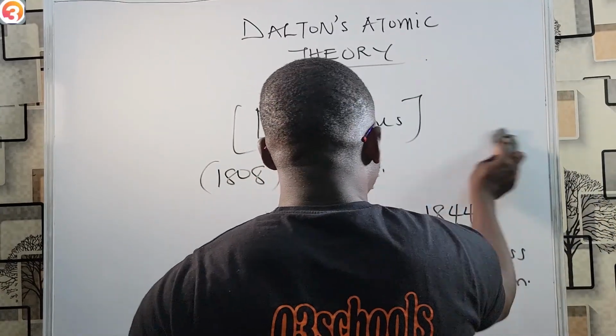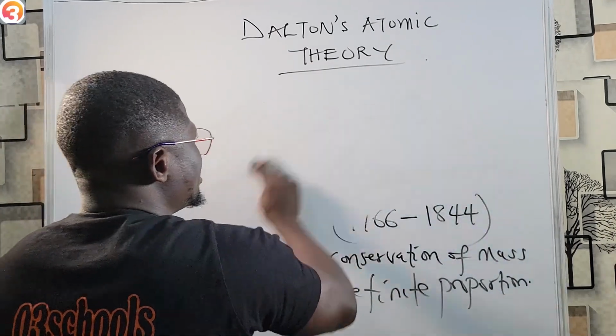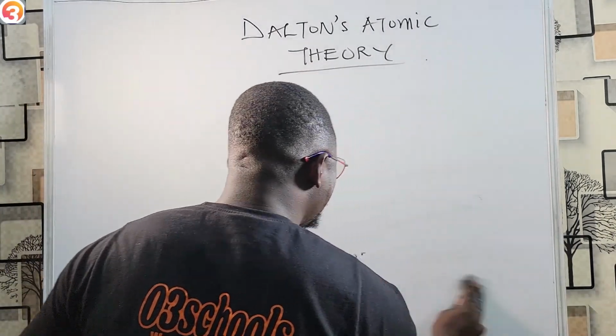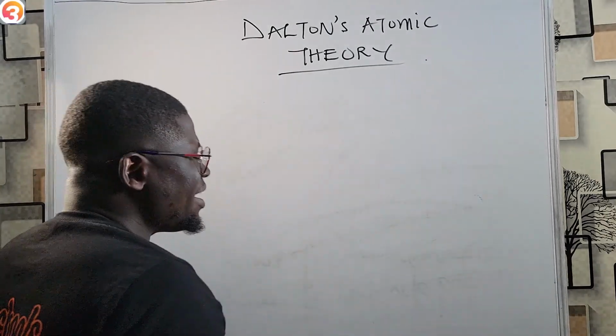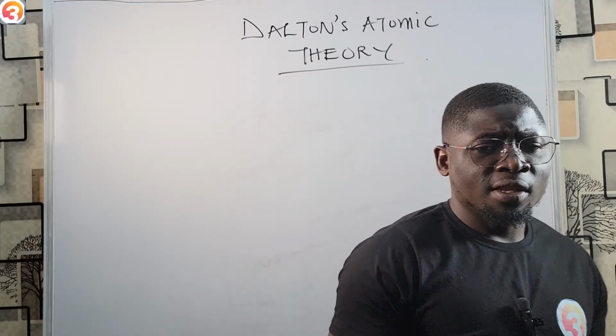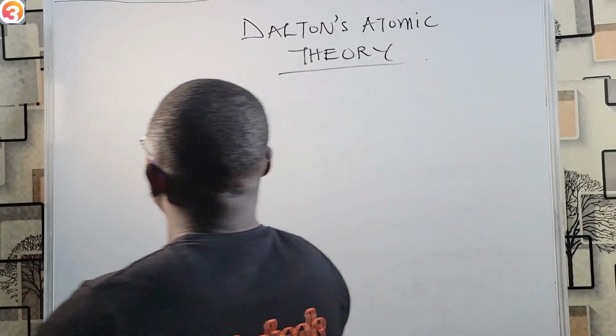Number one, John Dalton said that matter is discrete. His first theory, he said matter is discrete and made up of very tiny particles called atoms.